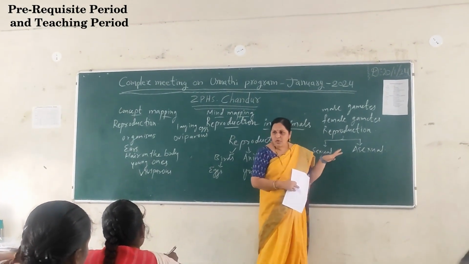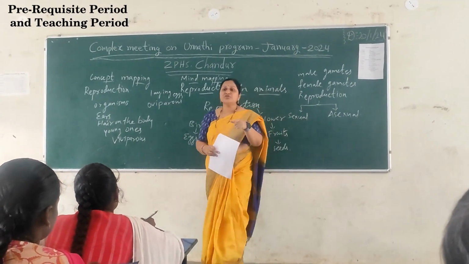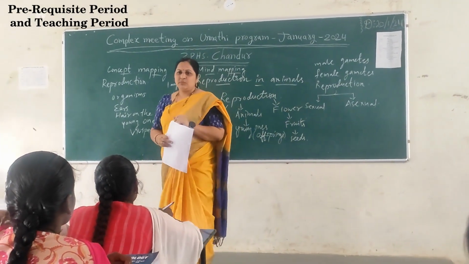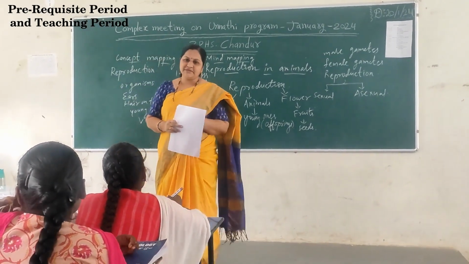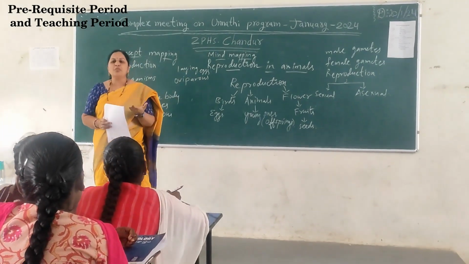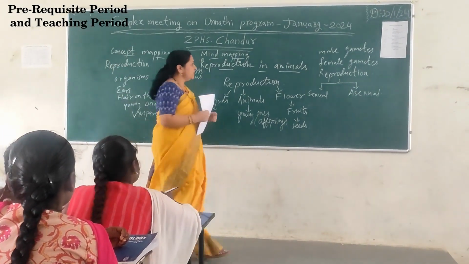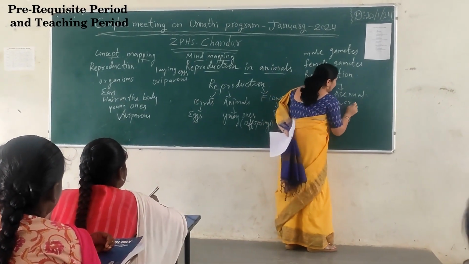There are no male and female. For example, virus. Is it a male virus or female virus? No. Bacteria? Is it male bacteria or female bacteria? No. There is no male bacteria, no female bacteria. No male fungus, no female fungus. So, many lower organisms do not have male and female.